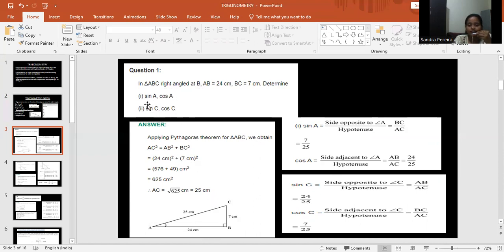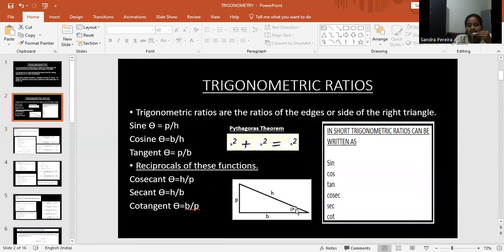First of all, we will find sin of angle A and cos of angle A. The very important thing I want to tell you again, the opposite side of angle theta is this side. Any opposite side of an angle is always the perpendicular.